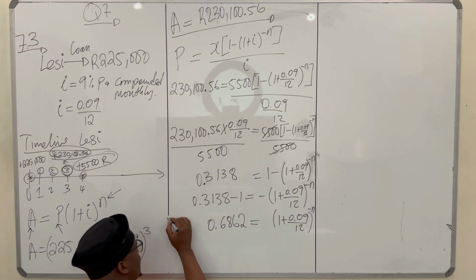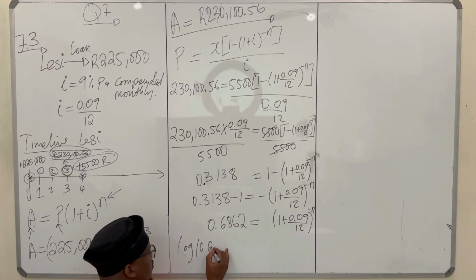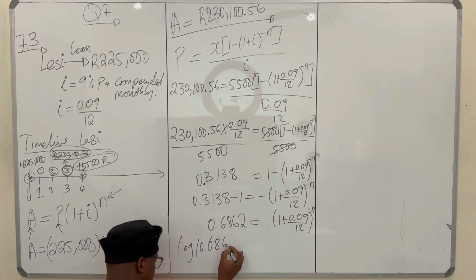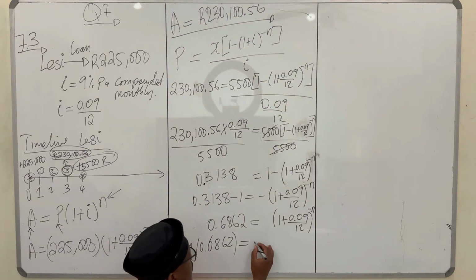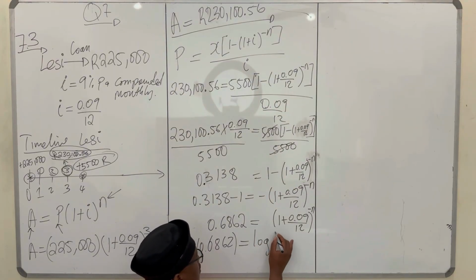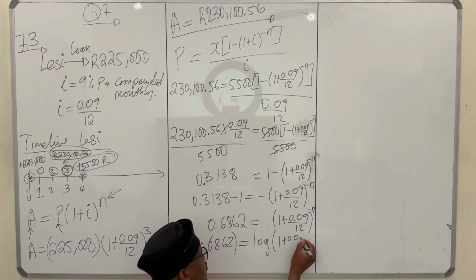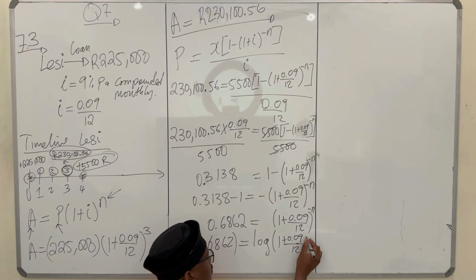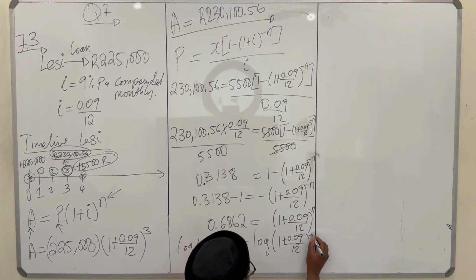Just say log of 0.6862 is equal to log of whatever this thing is: log of (1 plus 0.09 over 12) raised negative n.